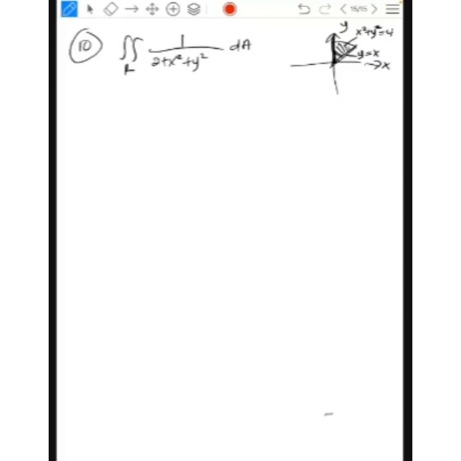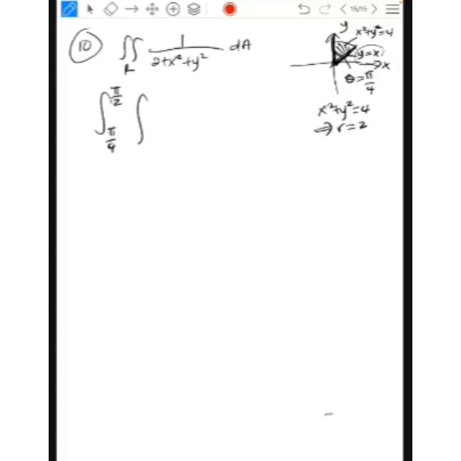Okay, when you want to change into polar coordinates, means the x squared plus y squared equals to 4, it becomes r equals to 2 lah. Okay, and then the y equals to x ni actually only the angle lah. So angle ini separuh pi over 2. So separuh lagi it will be theta equals to pi over 4. Okay. So the angle is from pi over 4 until pi over 2.